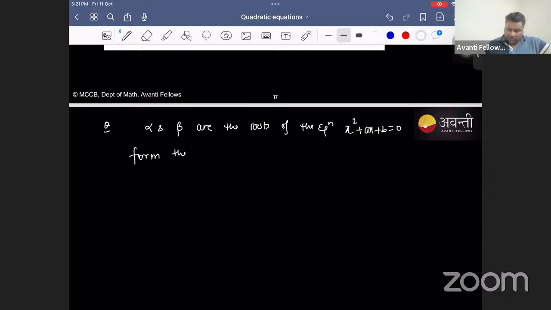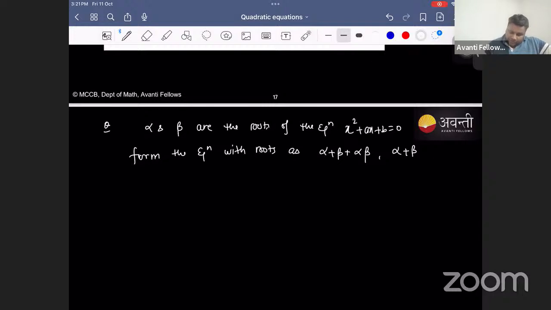Then form the equation with roots as alpha plus alpha beta and beta plus alpha beta. That's it. You have to find the equation with the roots as these.